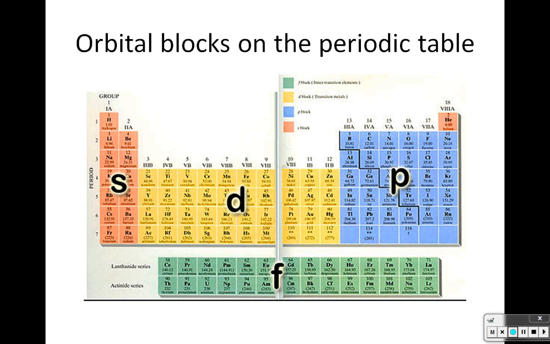It doesn't work as well for the d's, but it does work for the s's. So then lithium would be 2s1, beryllium 2s2. And now we jump in, boron's the next, that's in the p block. So that's 2p1, 2p2, 2p3, all the way over to neon, which would be 2p6.